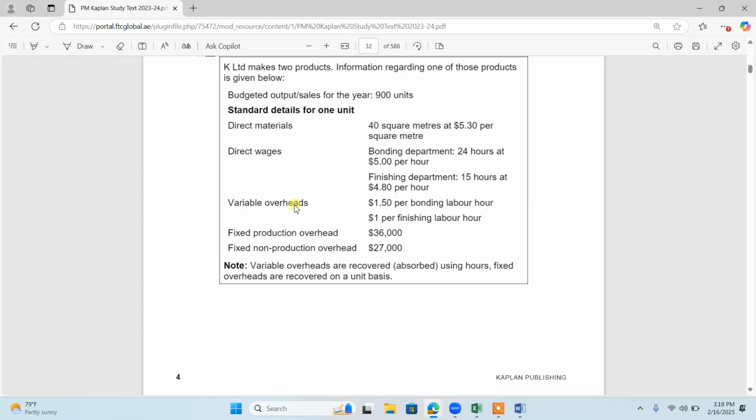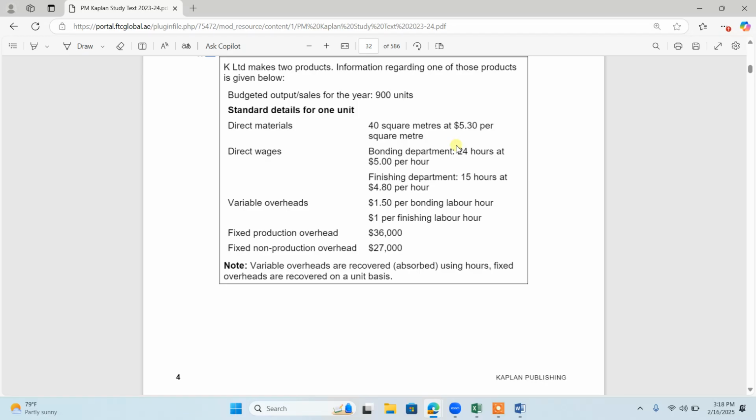So first, let me discuss the variable overheads. $1.5 is charged in the bonding department for 1 hour, and $1 for the finishing department. Those laborers who are working in the bonding department charge $1.5 for 1 hour.